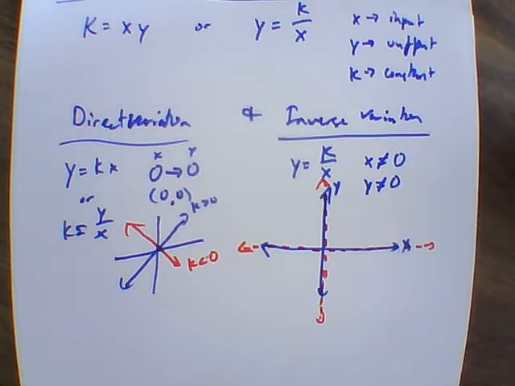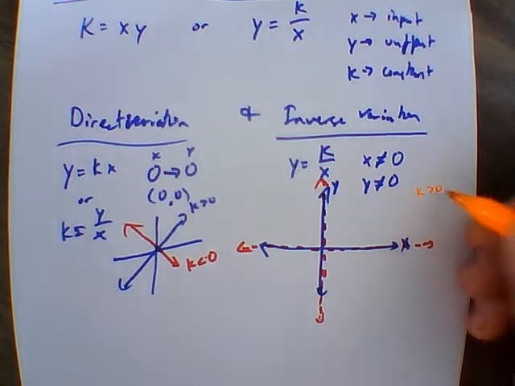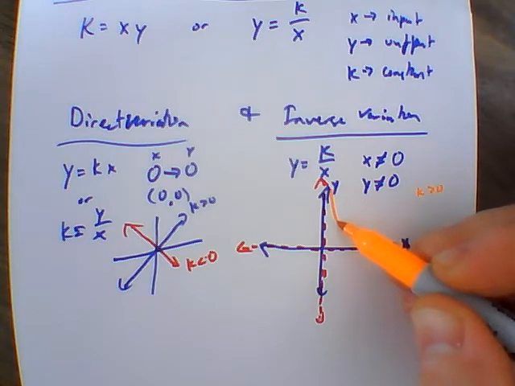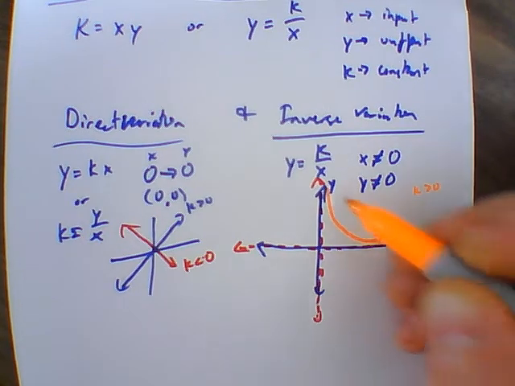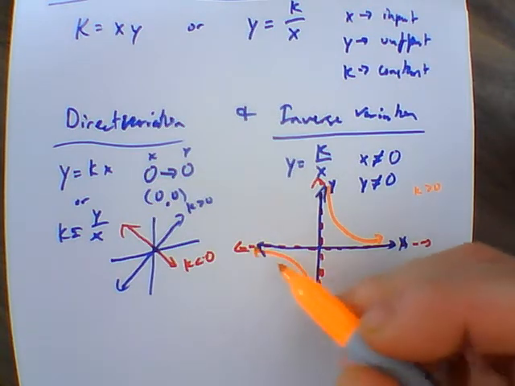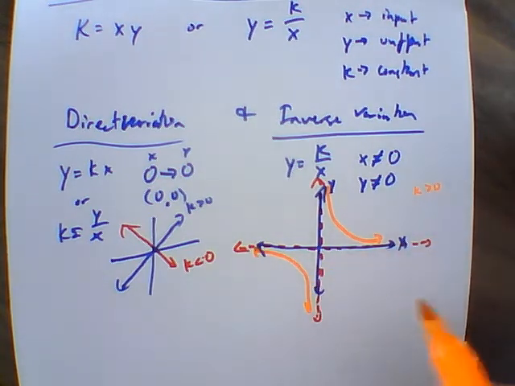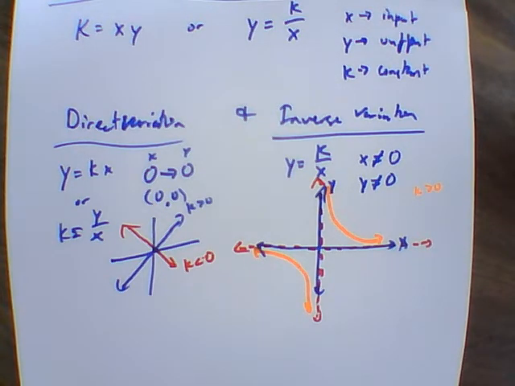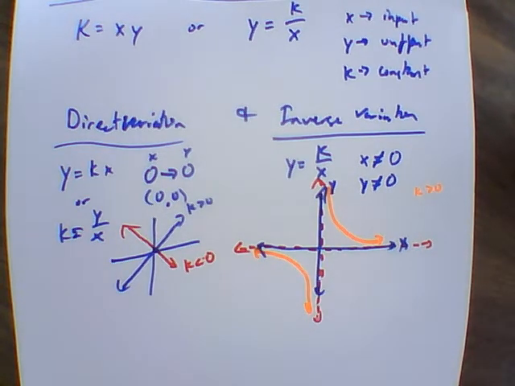So now we have a couple different scenarios. If k is greater than 0, we see that we get these points coming like this. And then we also get some points coming like this. Now, once again, this is just an overall curve to this graph. Well, let's just go black.